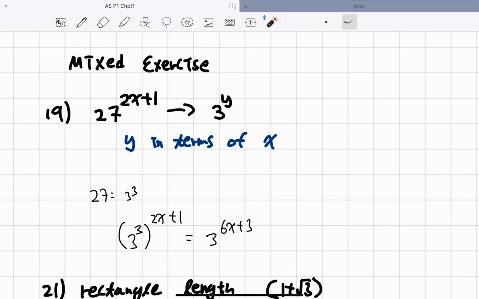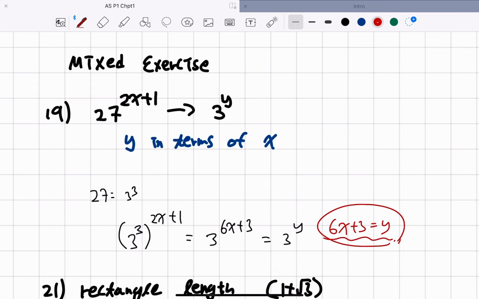We need to change to this form, and because we have the same base, which is 3, we can just say y equals 6x plus 3, because they have the same base. So it's quite a simple question.